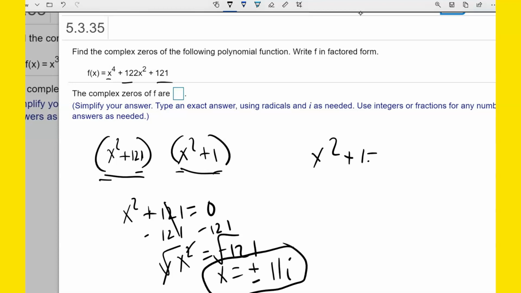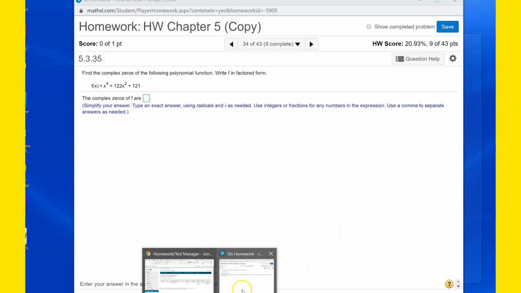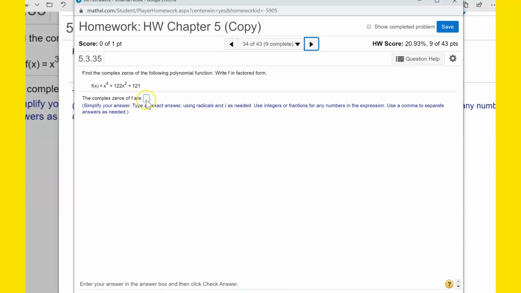And then this part, I do this part equal to 0 as well. Again, solve it using the square root method. And so square root both sides here, and x equals plus or minus the square root of -1, which is i, so plus or minus i. So plus or minus 11i and plus or minus i are my answers, and that's all of the complex zeros for this problem.